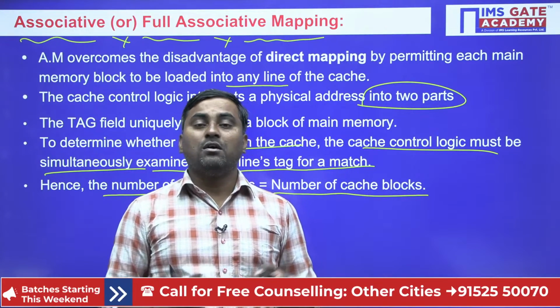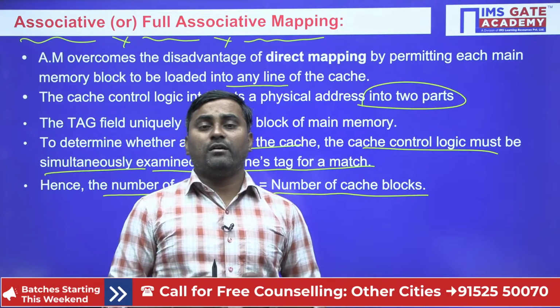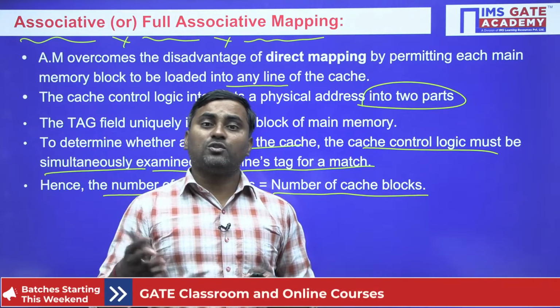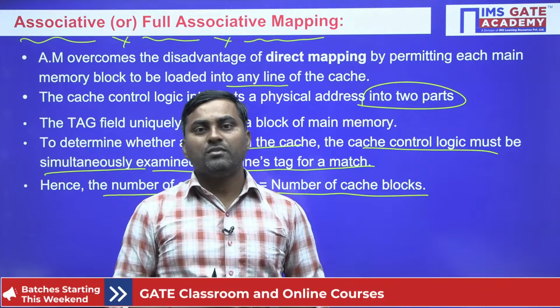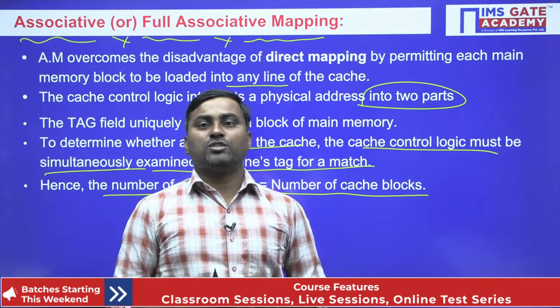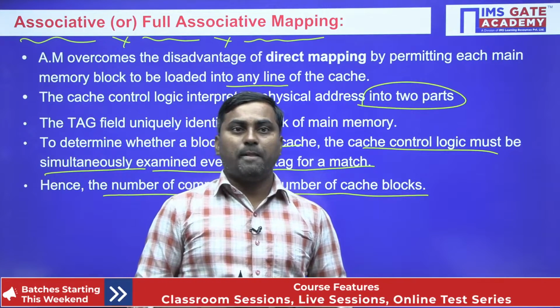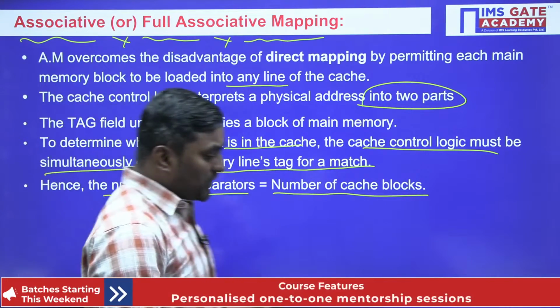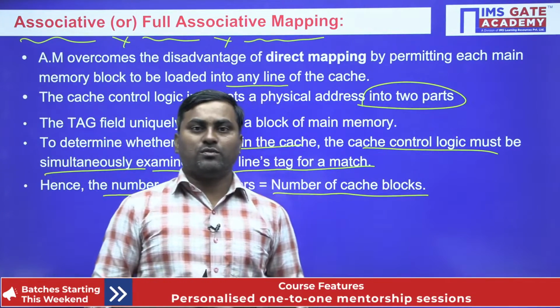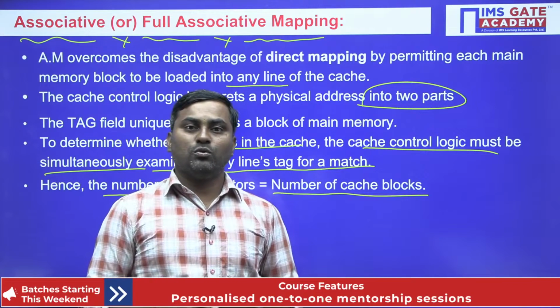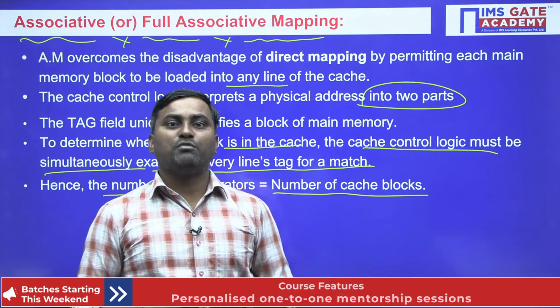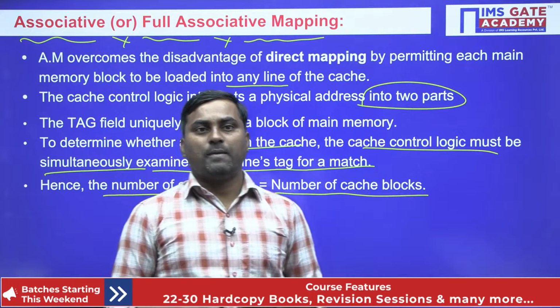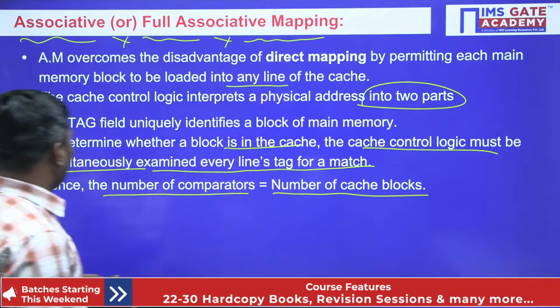That's why the number of comparators required in this case is n, where n is the number of cache blocks. Hence this approach is complex. Associative or full associative mapping is complex compared to direct mapping, but it can be faster.